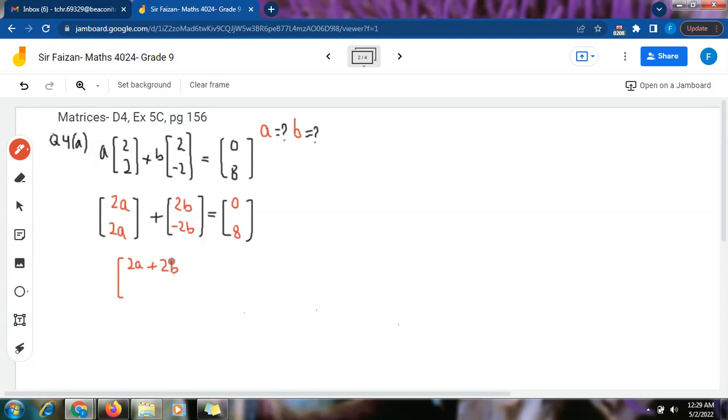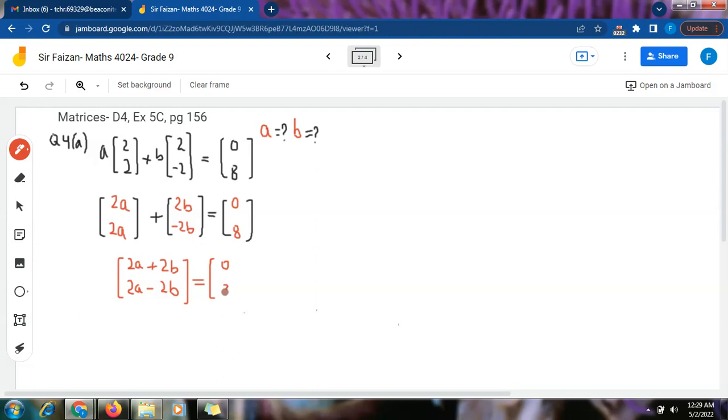Since 2a and 2b are not like terms, they cannot be added, so bracket close, and this will again be 2a. And now there is a positive and a negative sign, so positive and negative will give me negative, and this will be 2b. And since they are again unlike terms, they cannot be added, so my question will look like this.